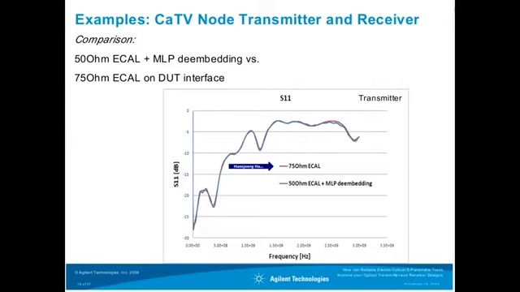So this allows you to employ the 50 ohm calibration and extend the calibration plane to the device under test by de-embedding this adapter in the form of a minimum loss pad.